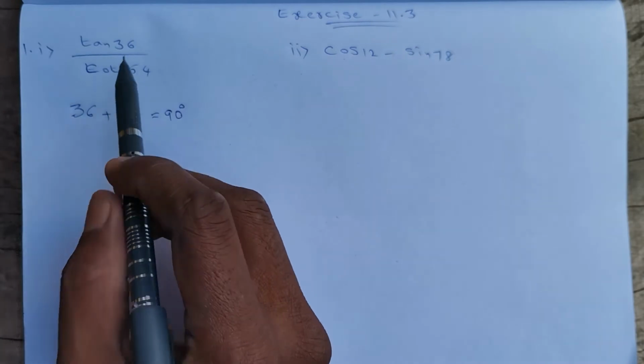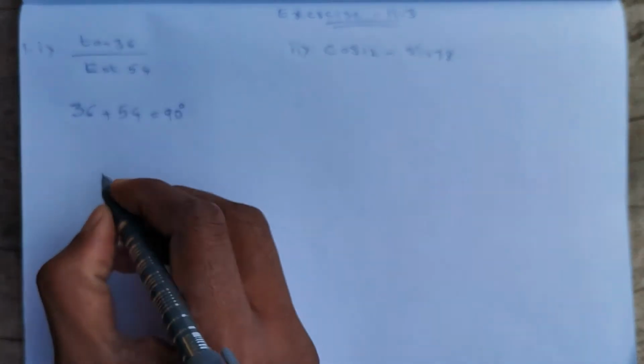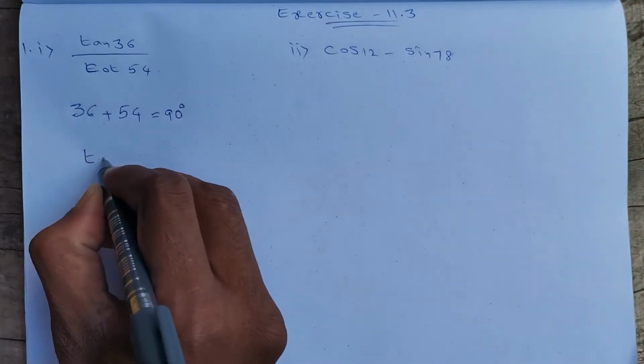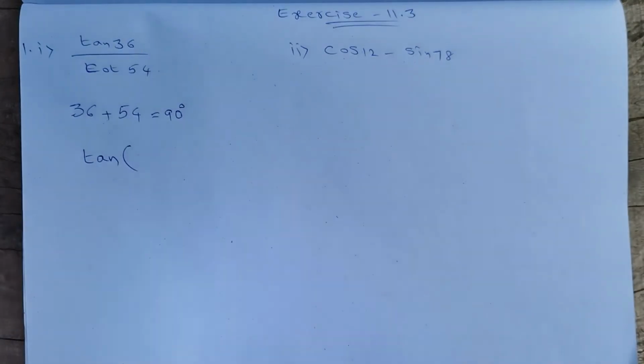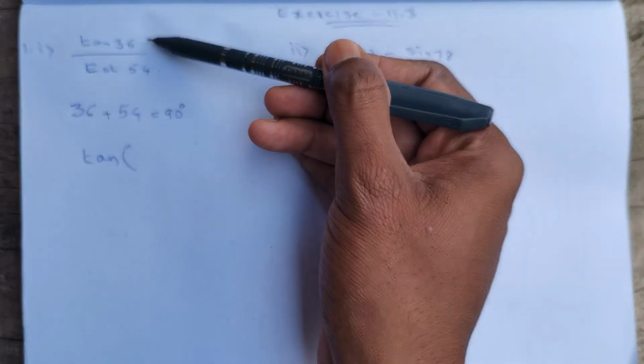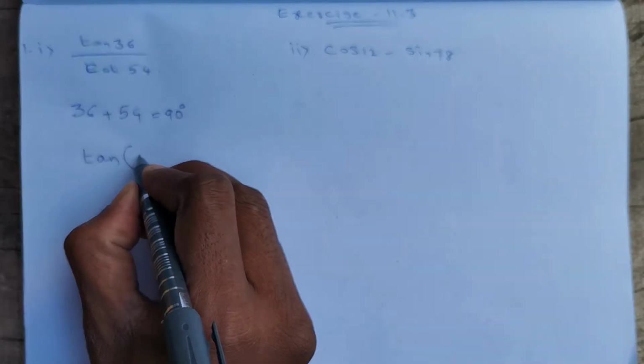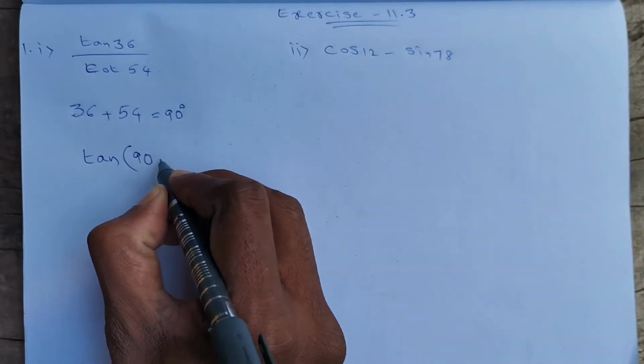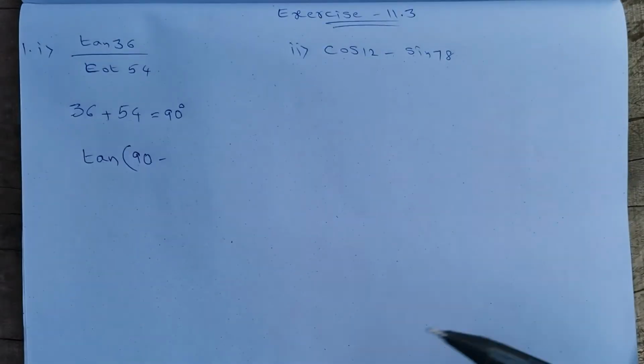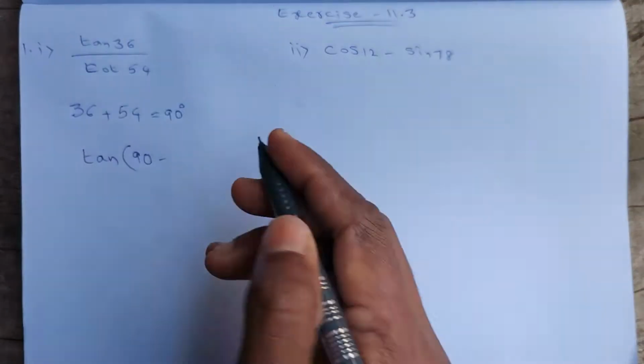In the numerator we have tan 36, so write tan as it is. The number 36 we need to change. So instead of writing 36, we will write it as 90 minus, what is the second number we have here? That is 54.